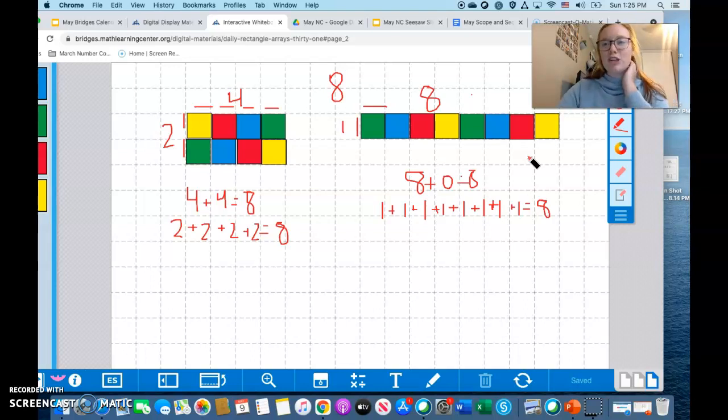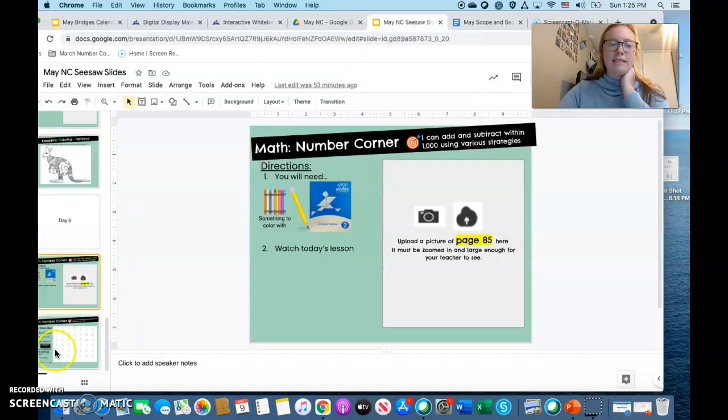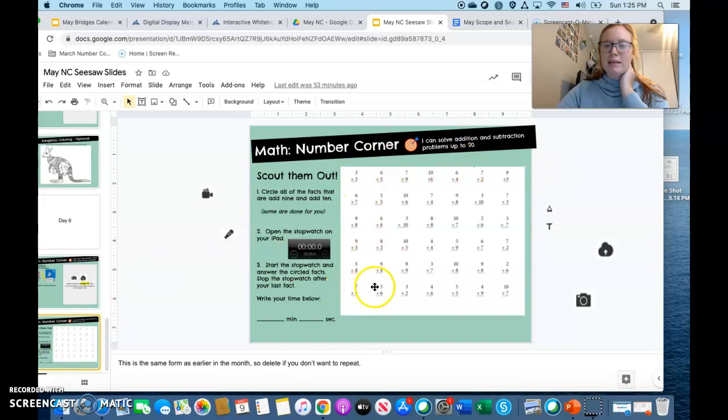Okay, so make sure you have page 85 done in your Number Corner book. And then today you are going to be looking at some quick facts. So you are going to open your stopwatch on your iPad. You are going to start the stopwatch and answer the circle facts, which today we're doing add 9 and add 10 facts. So you're circling, let me grab mine. So you're going to be circling different facts.